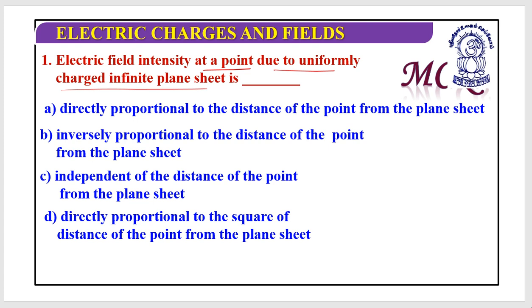Is it directly proportional to the distance? Does it depend on the distance? No, so this would be false. Inversely proportional to the distance? This is false. Independent of the distance of the point? Yes, this is correct. And the fourth option, directly proportional to the square of the distance? No, this is incorrect. This would be the correct answer.